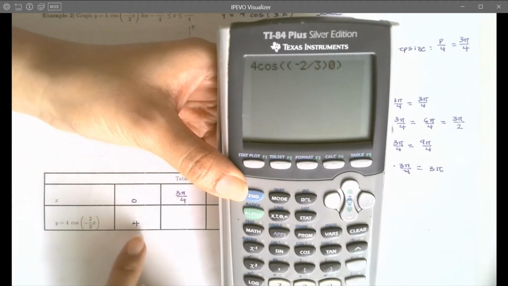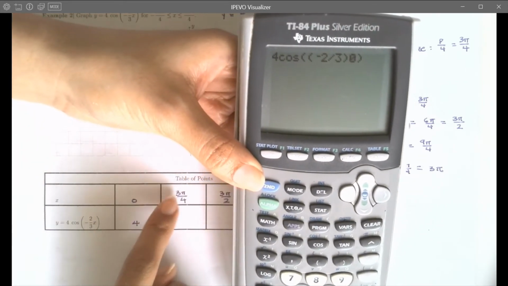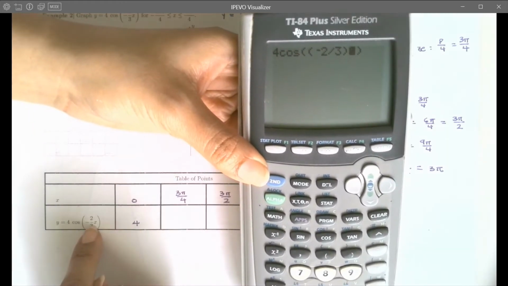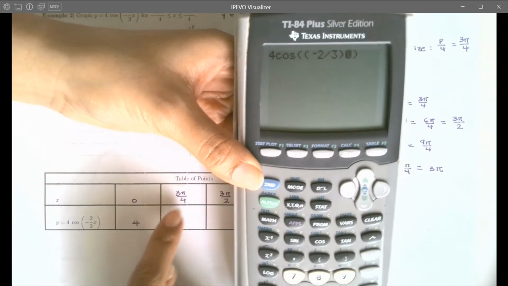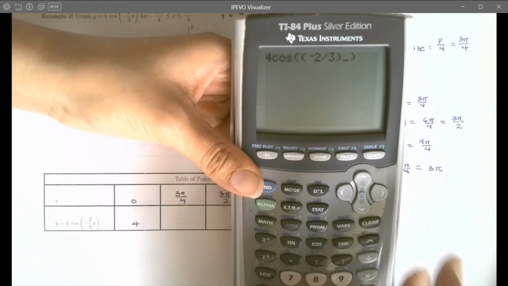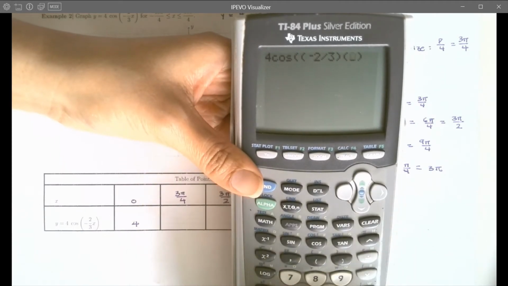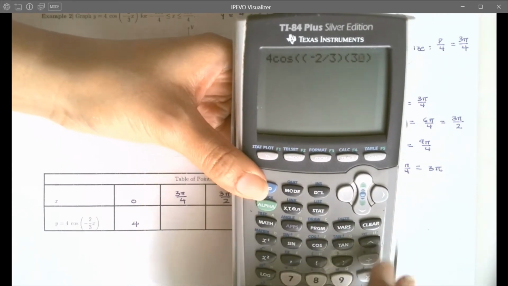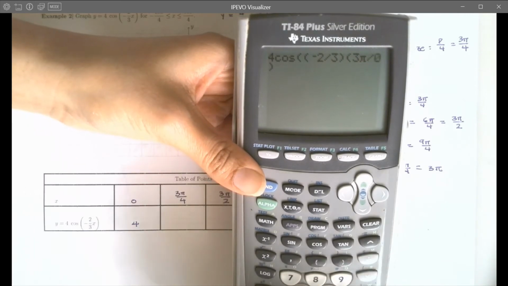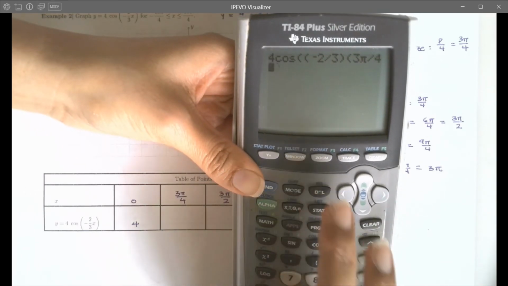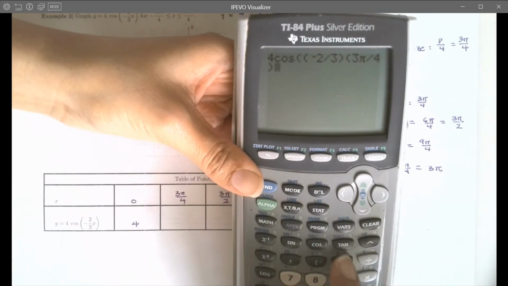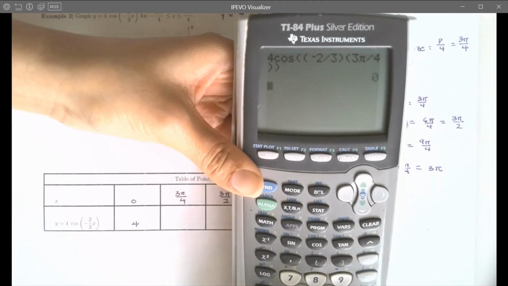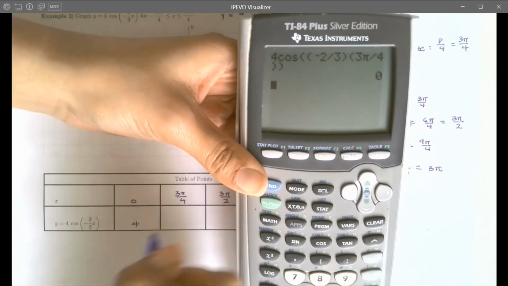Alright, so we're going to be replacing the 0 now with 3 pi over 4, right? Because we want negative 2/3 times 3 pi over 4. So I'll include some parentheses in here, and then have 3 pi over 4. Make sure I eliminate that 0, and then I'm going to be missing one closing parenthesis. So that we get 0.